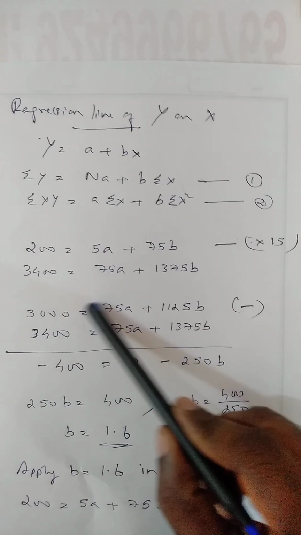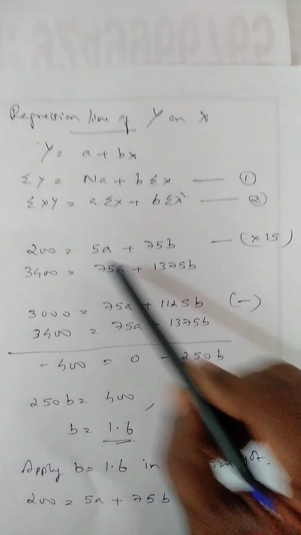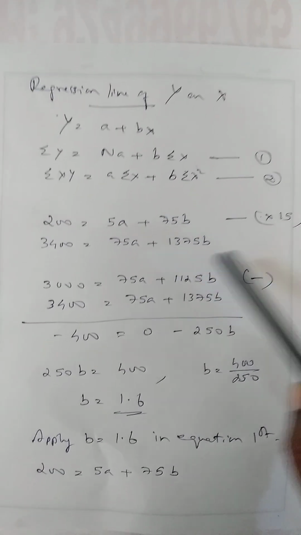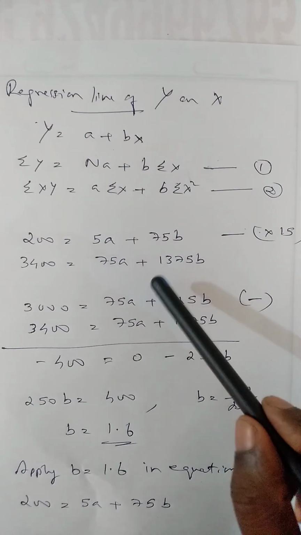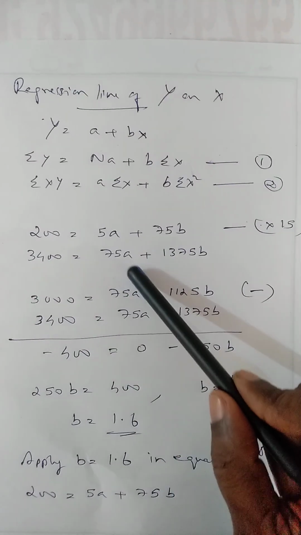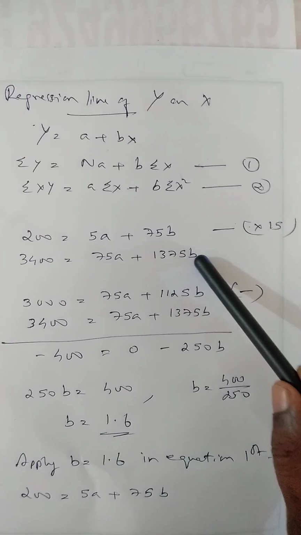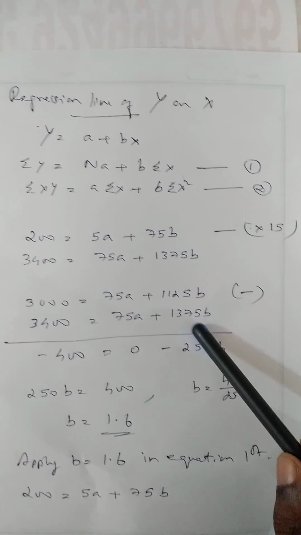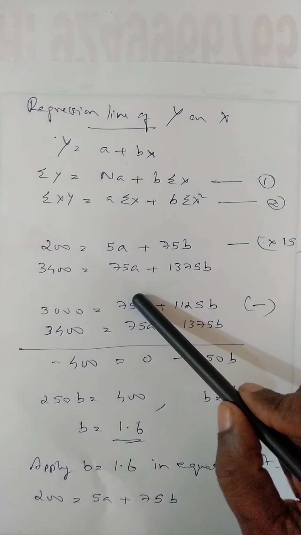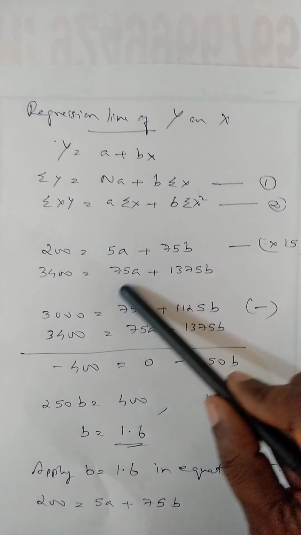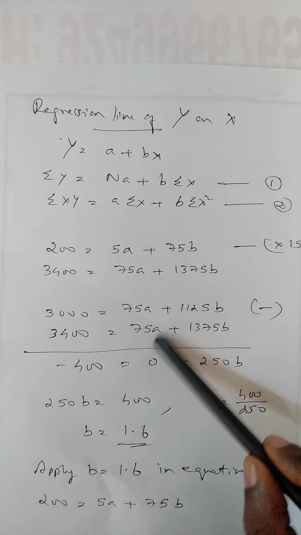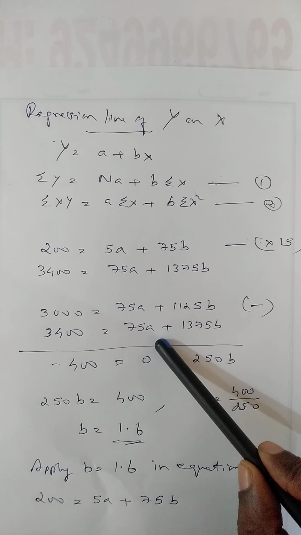Thus the whole of the first equation is multiplied by 15. The second equation is written as it appears, 3400 is equal to 75a plus 1375b. Now the value of a gets equated. It becomes 75 in both the equations.